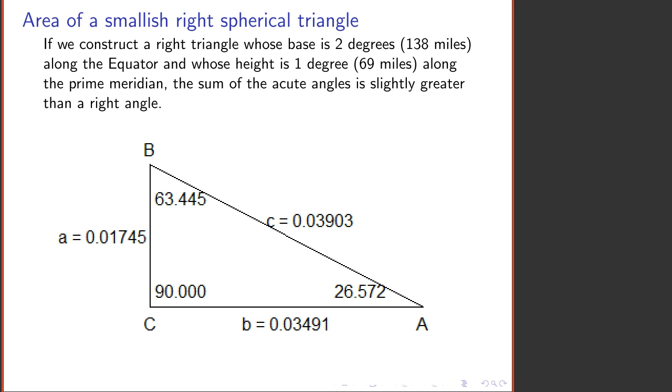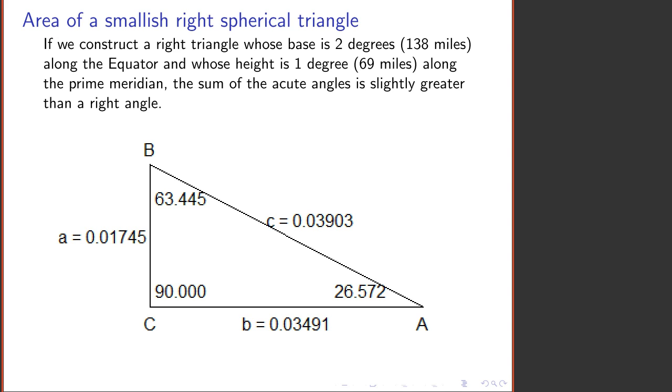Now this is something I had never tried before, making a smallish right spherical triangle. It's smallish but not really small. I'm going to make its base be 120 nautical miles, which is equal to 138 statute miles. Why is it equal to a nautical mile?